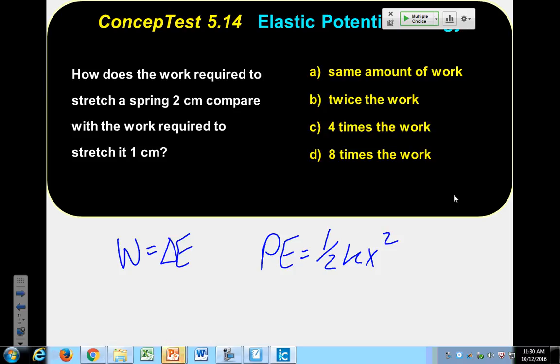If I double this amount, which is what I've done, I have 1 centimeter or 2 centimeters. They're different by a factor of 2. So if I multiply this by 2, because it's squared, I get a factor of 4 over here.